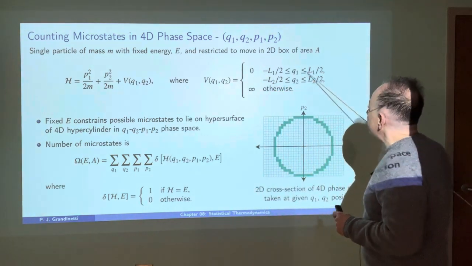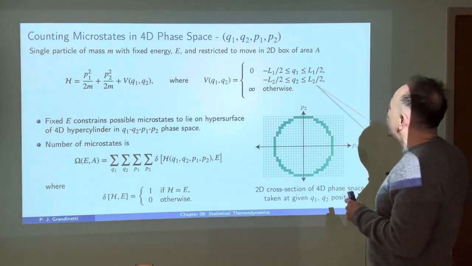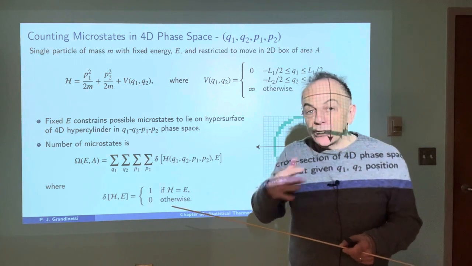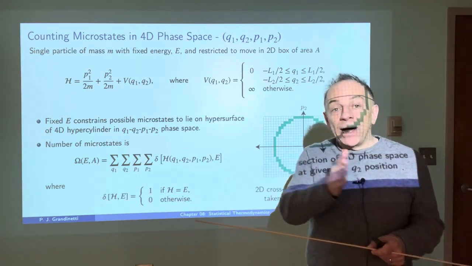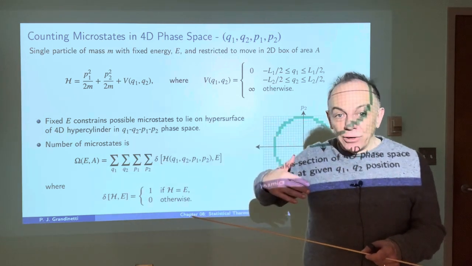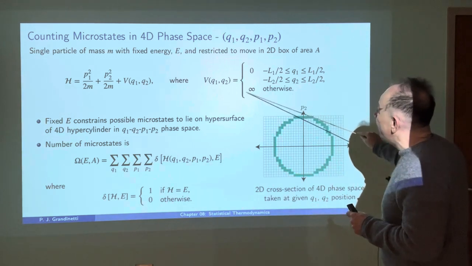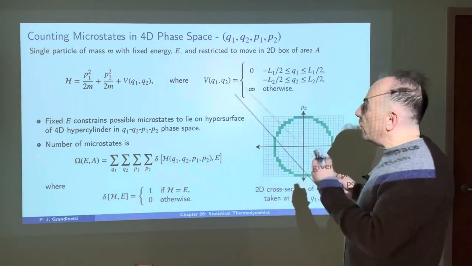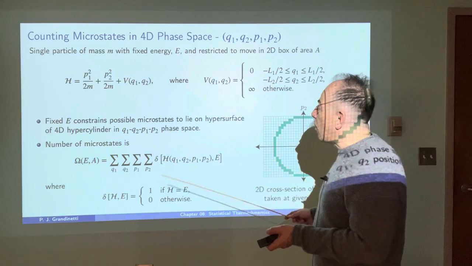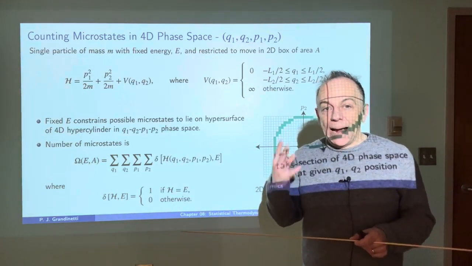We're going to define similarly a potential energy function that traps our particle in a 2-dimensional box that goes from minus L1 over 2 to L1 over 2, and then from minus L2 over 2 to L2 over 2, and it's infinity outside. So in this one particle in 2 dimensions, we have a 4-dimensional phase space.